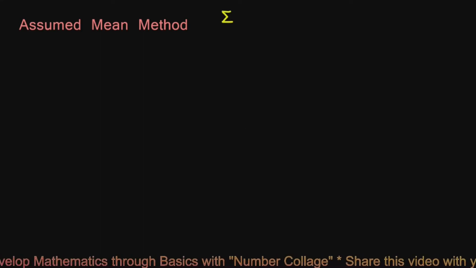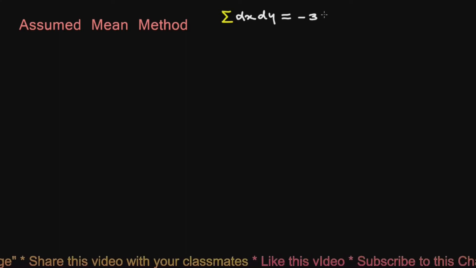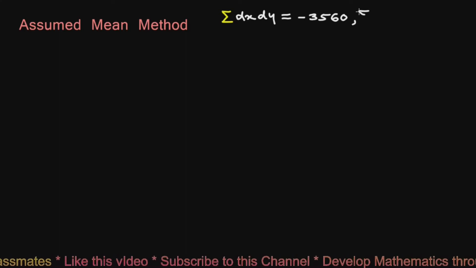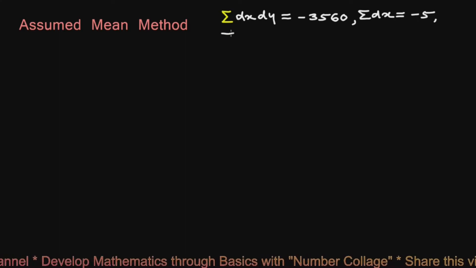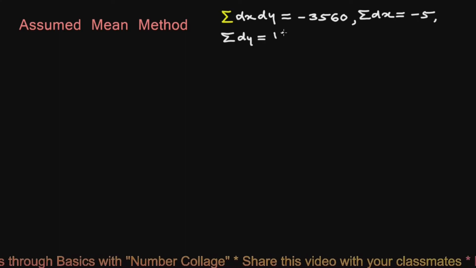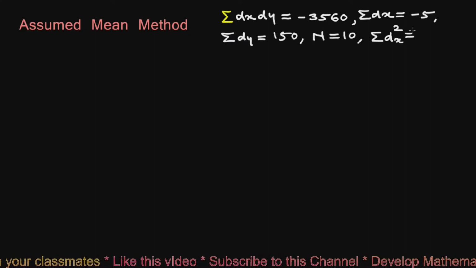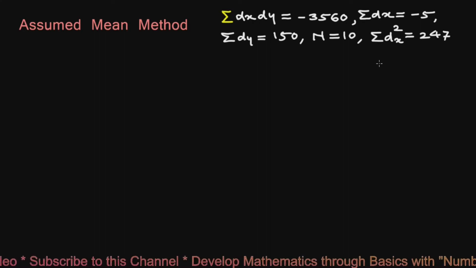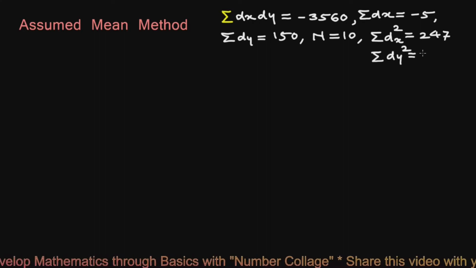Let us rewrite the values to be used in the formula. We have summation dx dy equals minus 3560. Summation dx is minus 5. Summation dy is 150. N is 10. Summation dx square is 247 and summation dy square is 76500.